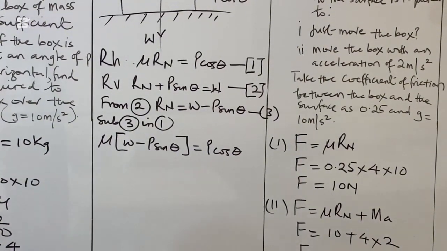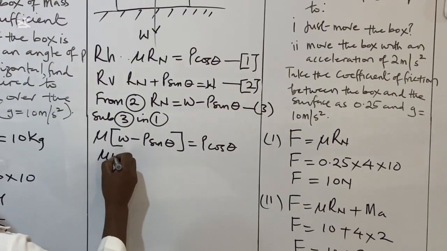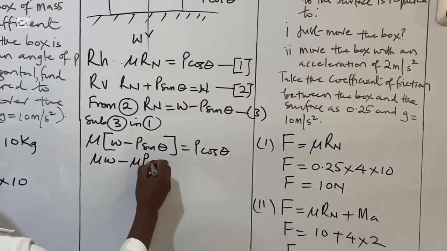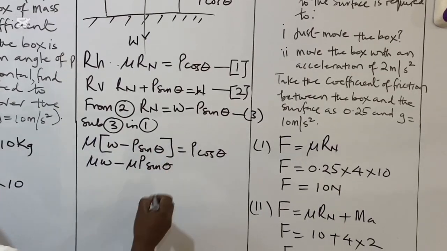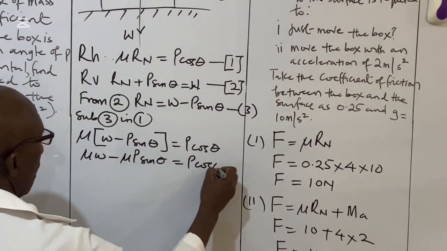Okay. Let me open up the bracket. Mu W minus mu P sine theta is equal to P cos theta.